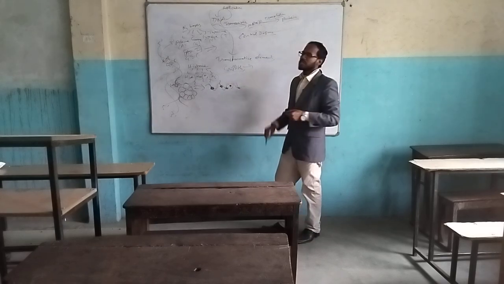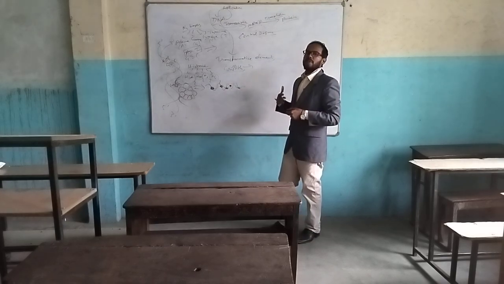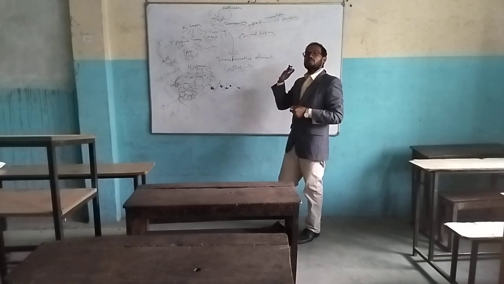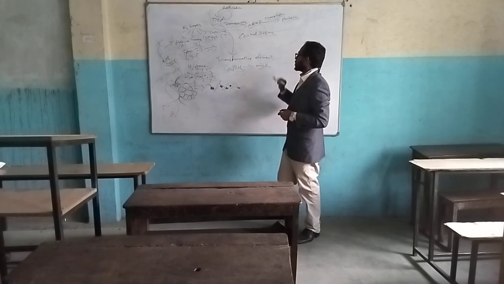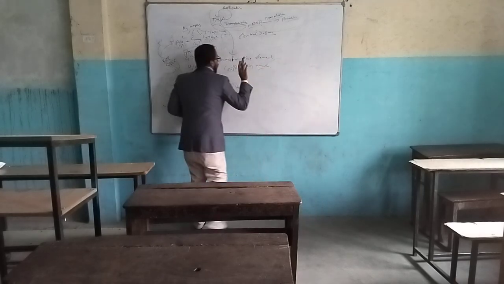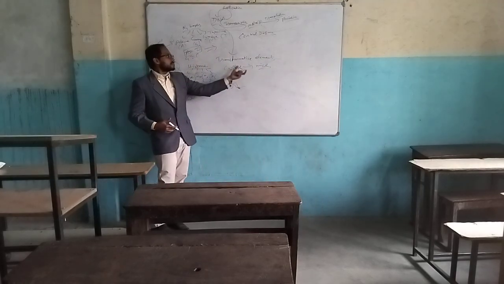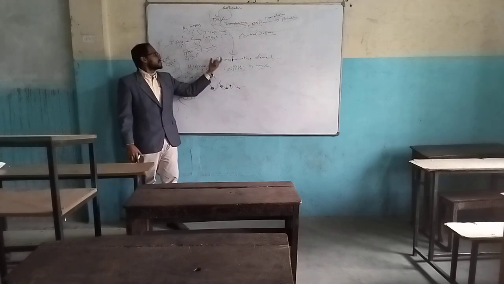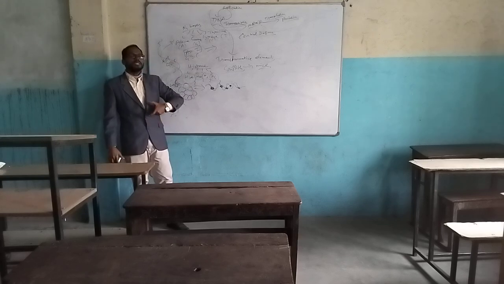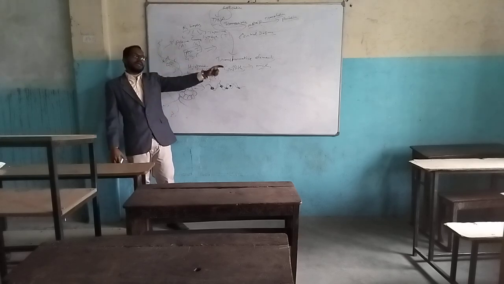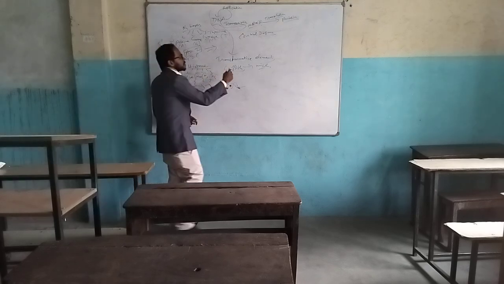Griffith showed this by an experiment in a mouse model, and showed that there is one element present in our body which can transform into another organism.